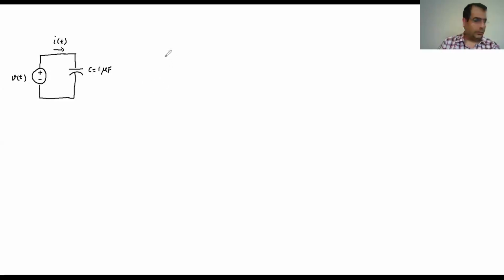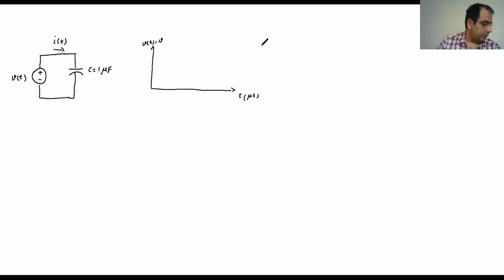So if I assume I have the voltage, it's going to be time dependent. The voltage is in volts, and time is in microseconds.